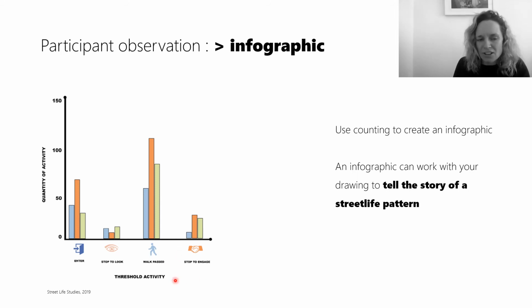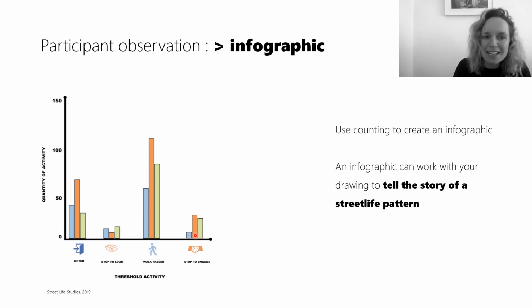She then analyses that through the lens of the quantity of activity. So you can see here 3 different colours for 3 different sites, the number of people who entered, the number of people who stopped to look, the number of people who walked past, and the number of people who stopped to engage. And what we want is an immediacy of message.